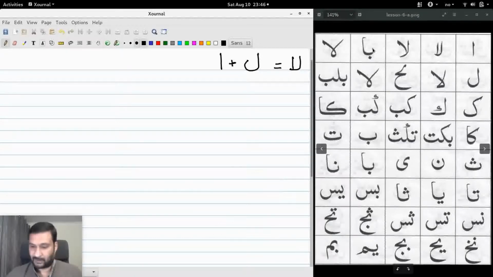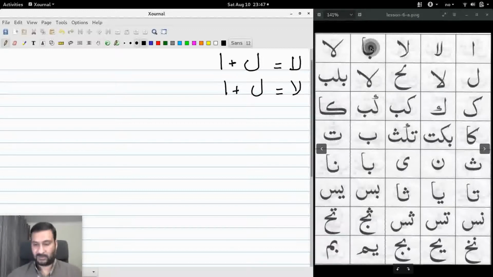The next word is also Lam Alif, written in a slightly different form, something like this. So this is also Lam Alif, made up of Lam plus Alif.